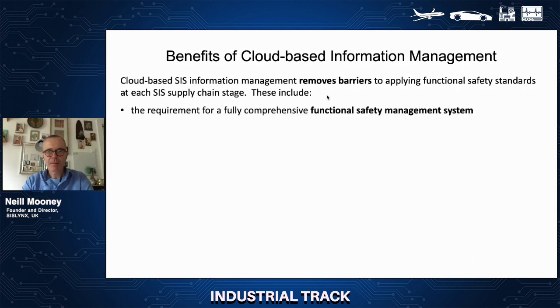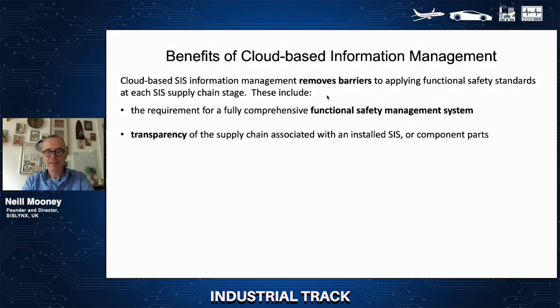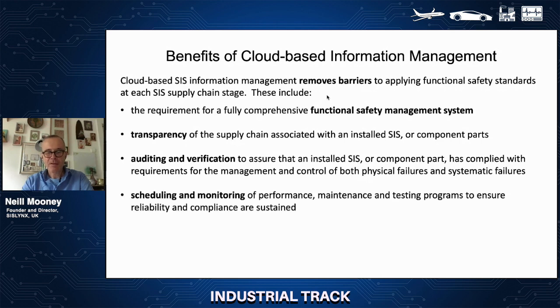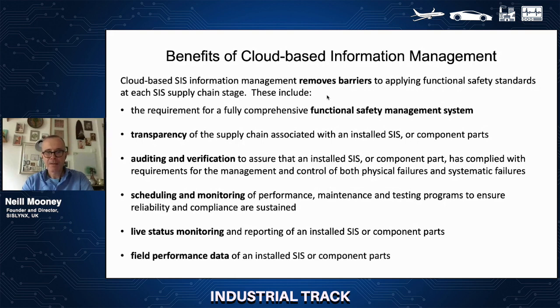These include the requirement for a fully comprehensive functional safety management system, transparency of the supply chain associated with an installed SIS or component parts, auditing and verification to assure that an installed SIS or component part has complied with requirements for the management of control of both physical failures and systematic failures, and scheduling and monitoring of performance, maintenance, and testing programs to ensure reliability and compliance are sustained, and live status monitoring and reporting of an installed SIS or component parts. Also field performance data for installed SIS or component parts.